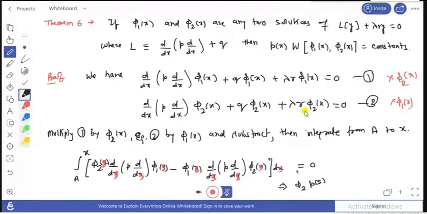So this becomes phi1 prime of s, with limits a to s, minus, for the second one, the integration of that, minus the integration from a to x. I think we have to go to the next page.